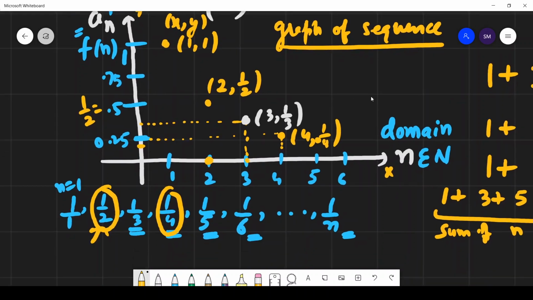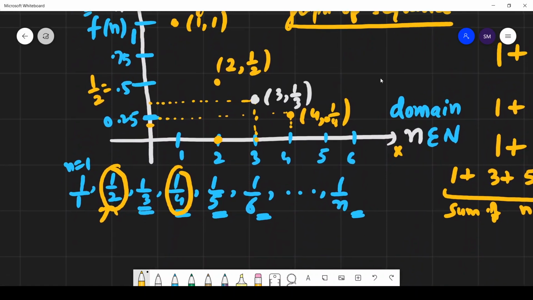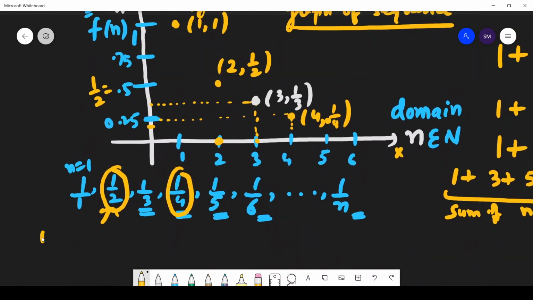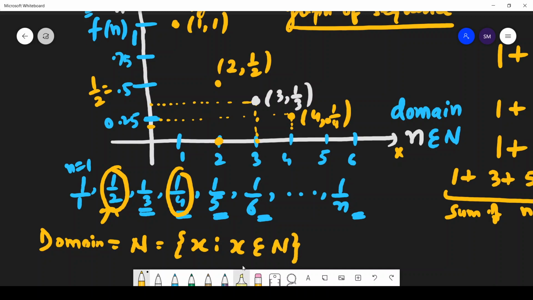Now, students, you have understood? Now let us write the domain set. What is the domain set here? You can write the domain set as N only, the set of natural numbers, or you can write it as x such that x belongs to N. This is another way of writing the set.